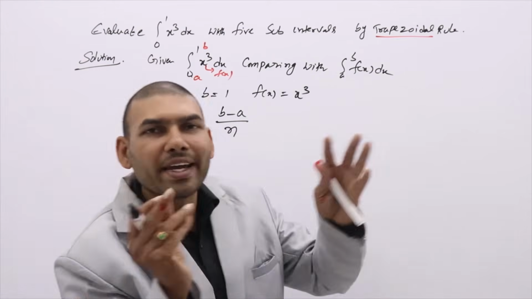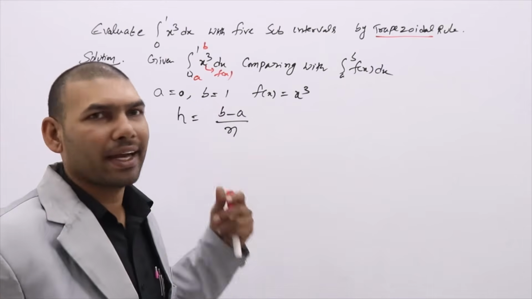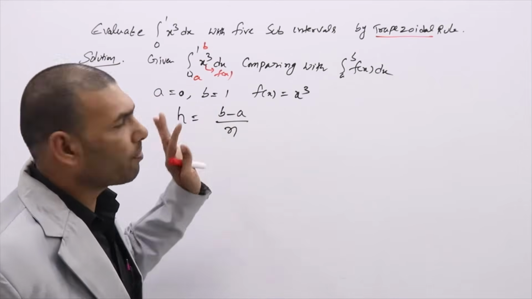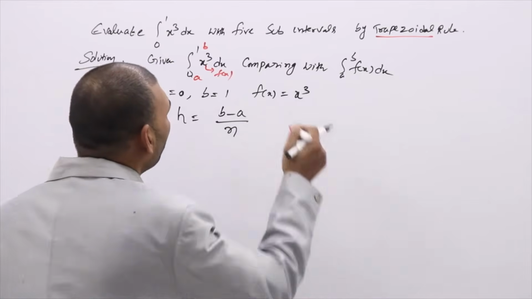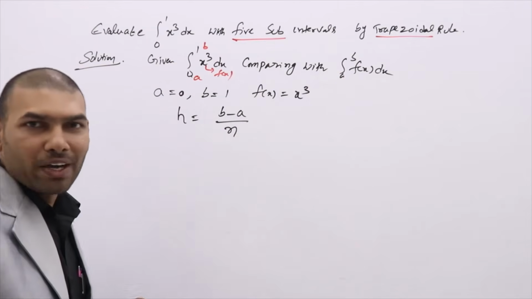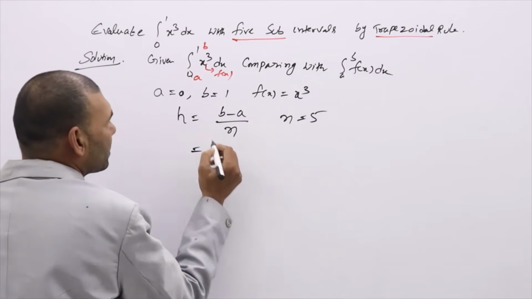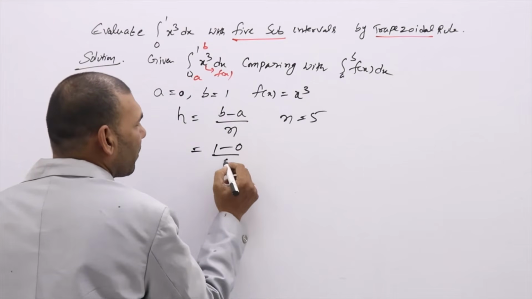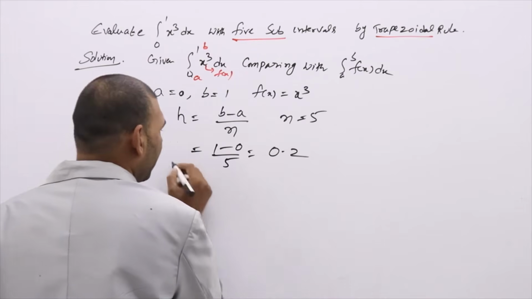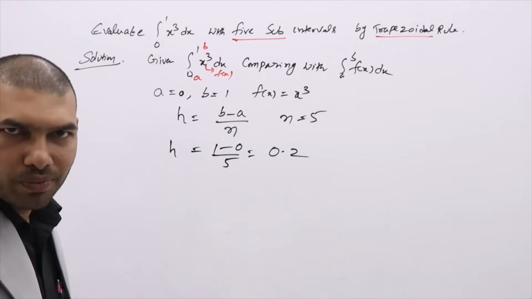But in our problem, 5 subintervals are clearly mentioned. That means n is 5. So h is 1 minus 0 by 5, which is 1 by 5, so h is 0.2.